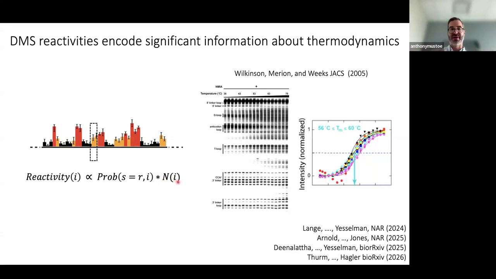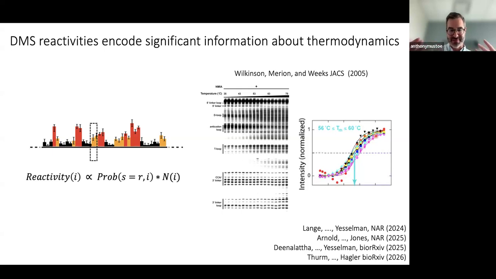And the fact that reactivities encode thermodynamic information is, again, very old knowledge. This is, I think, a really beautiful figure from one of the early SHAPE probing experiments by Kevin's lab, where they're reading this out by gels. But you can see, if you look at the SHAPE reactivity of a number of these different positions, in this case in tRNA, that it follows, as a function of temperature, a really nice folding-melting curve exactly as one would expect.